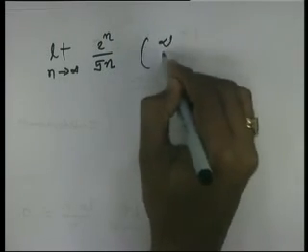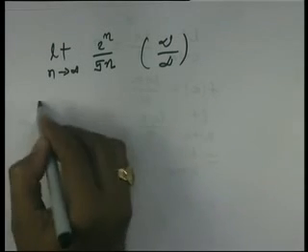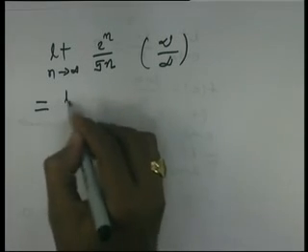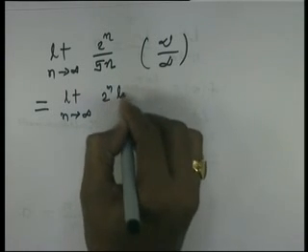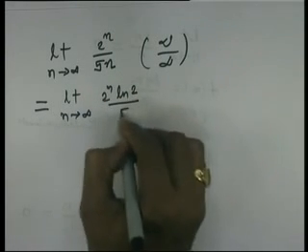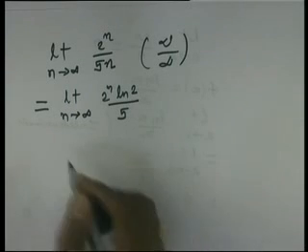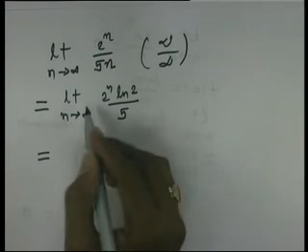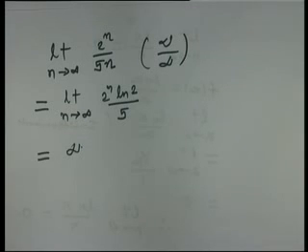So it is an indeterminate form infinity by infinity. So apply L'Hopital's rule. The derivative is 2 raised to n log 2 upon 5. Again apply the limit. We can see that it is infinity. Hence the limit of this sequence is infinity.